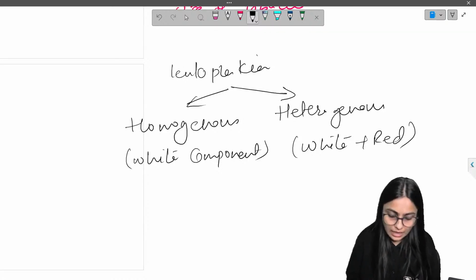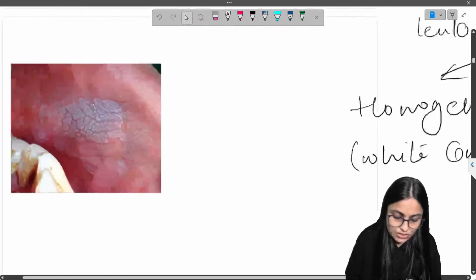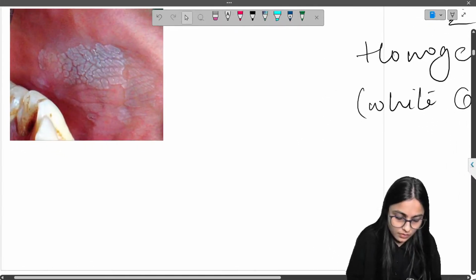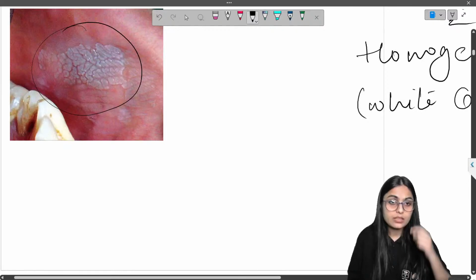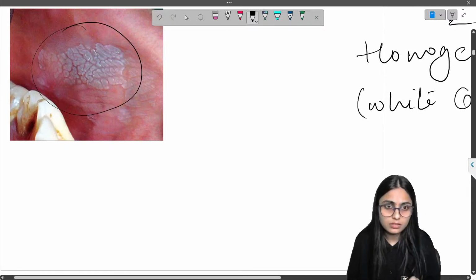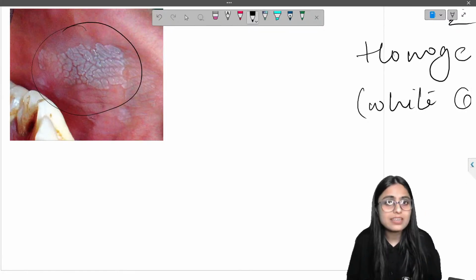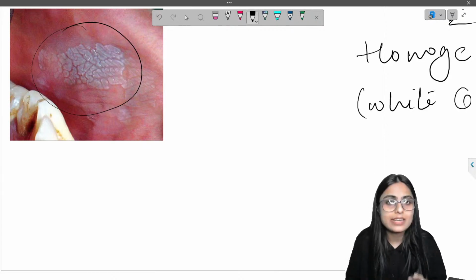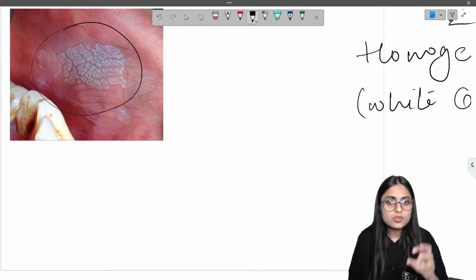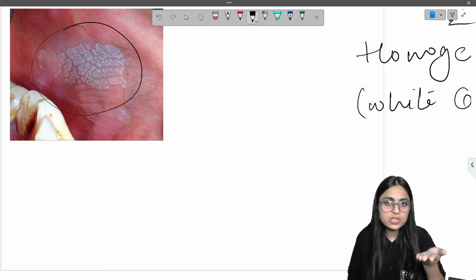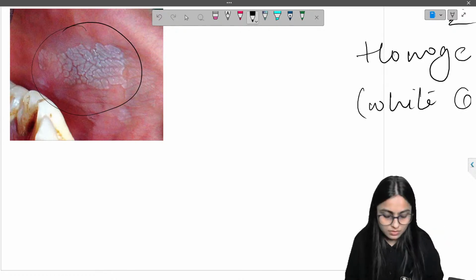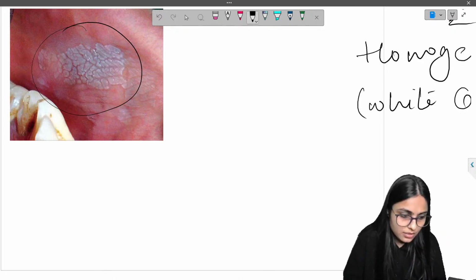Now, in homogeneous leukoplakia, can you appreciate this? This is a white plaque. Plaque we have seen. It is a solid elevated lesion greater than 1 centimeter in size.